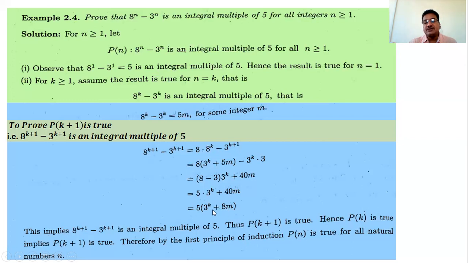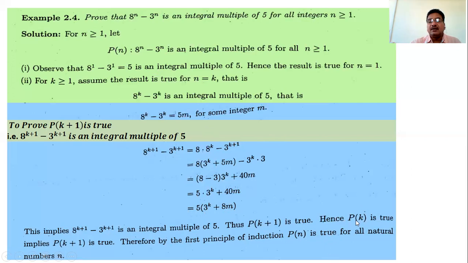So 3 raised to k plus 8m is an integer, and therefore 8 raised to k plus 1 minus 3 raised to k plus 1 is expressed in the form 5 into some integer, meaning it is an integral multiple of 5. That is, pk plus 1 is true, that is, the result pn is true for n equal to k plus 1.